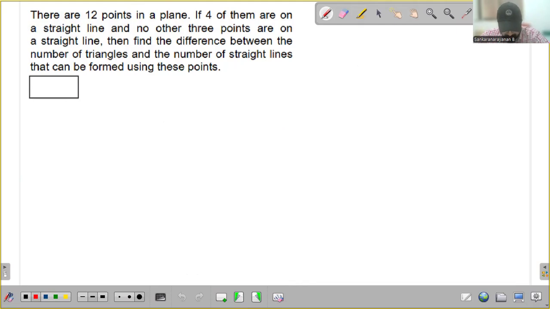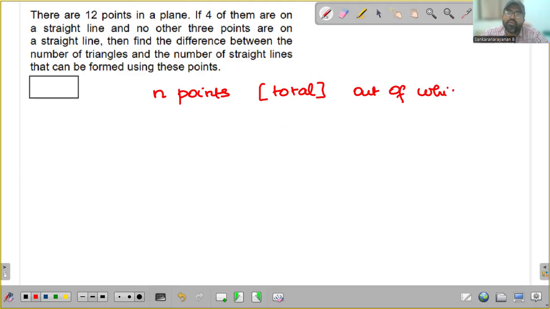We can see that if there are altogether n points in total, out of which, please note, m points are collinear.